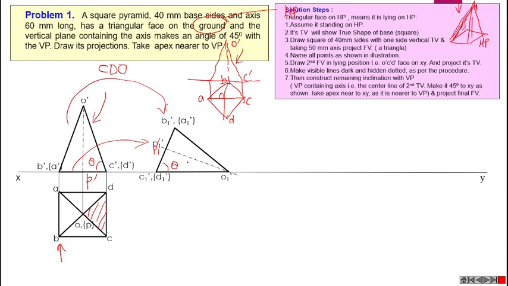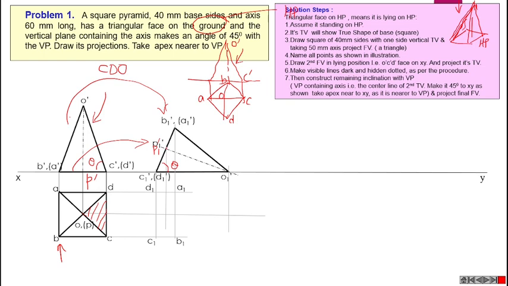Then we can project all the points, and we can locate A1 here, because the projection line which is passing through A1 dash and the horizontal line which is passing through A will meet at this particular point, and that point will become A1. Similarly, this point will become B1, this point will become C1, and this point will become D1.